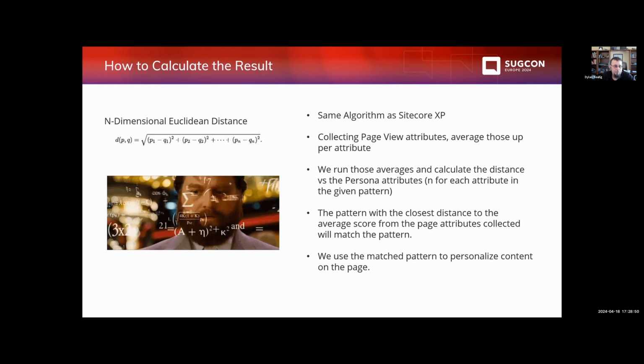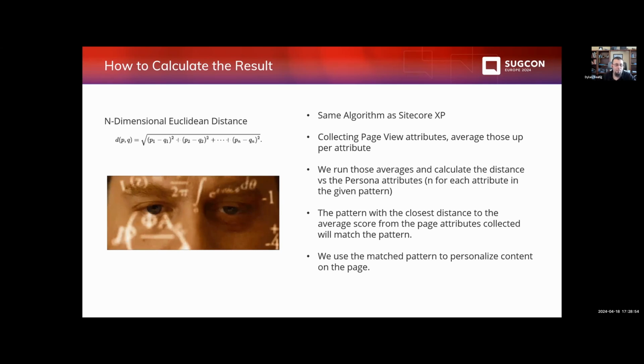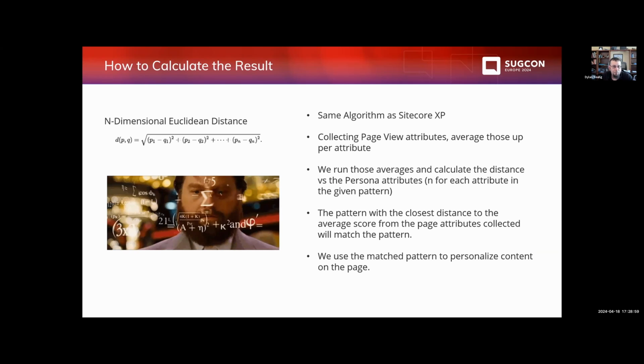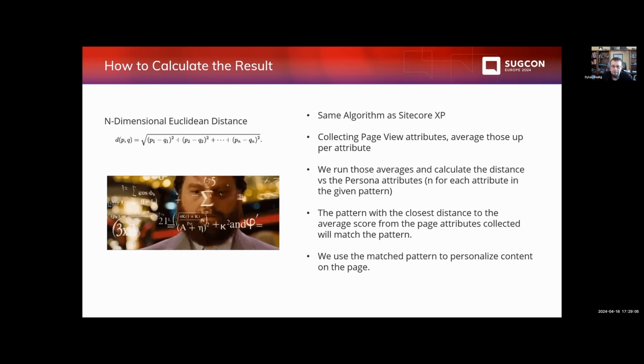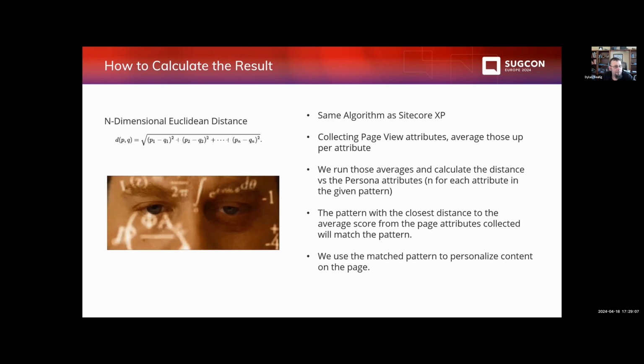All right. So the last thing before we jump into the demo, and the most important part of this whole use case, is the algorithm that drives it. This is the same algorithm that was used in Sitecore XP. It's the n-dimensional Euclidean distance calculation.